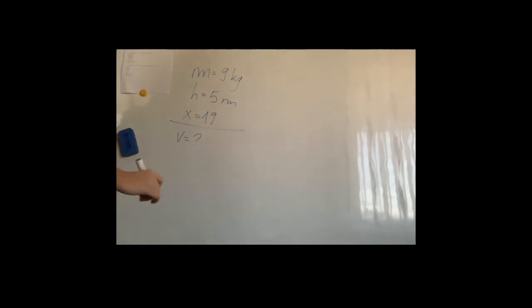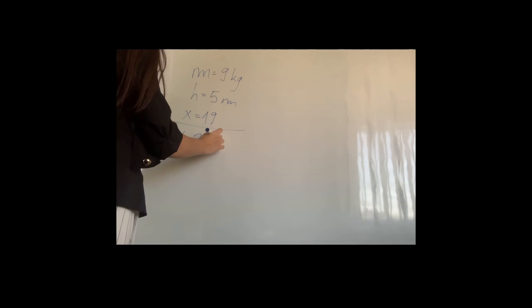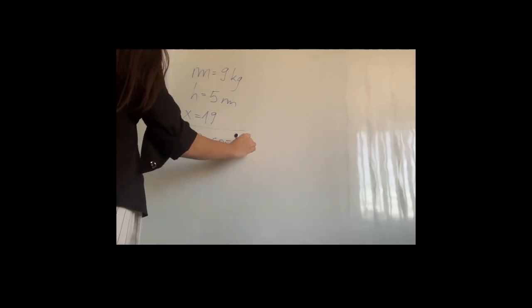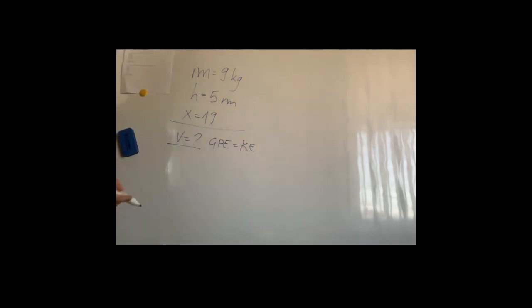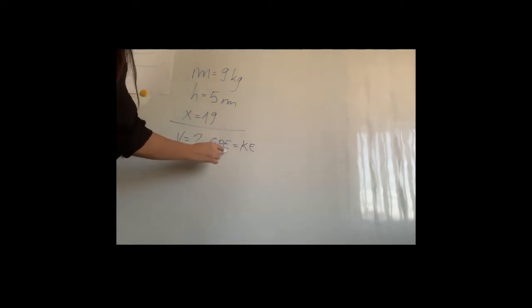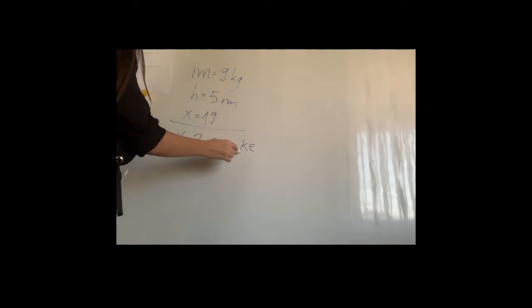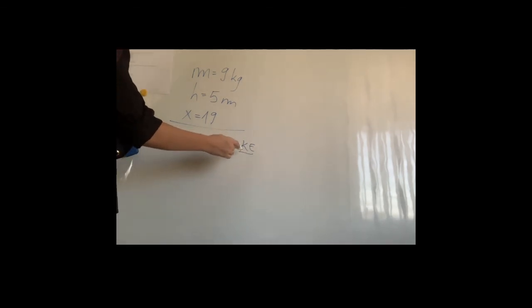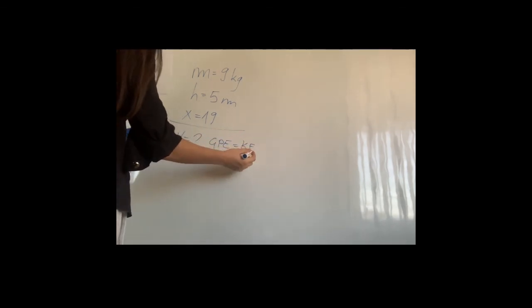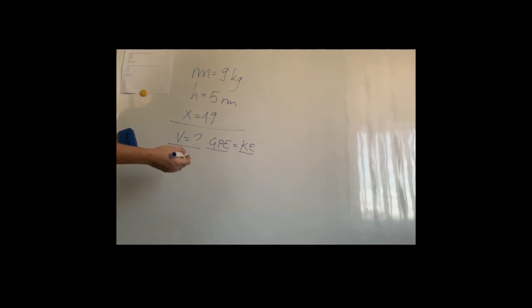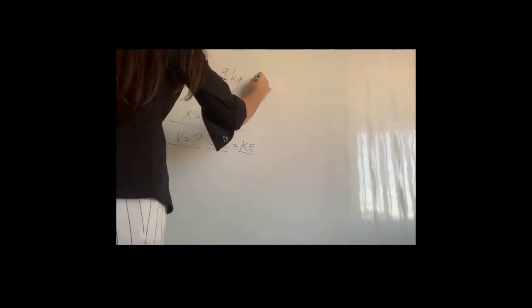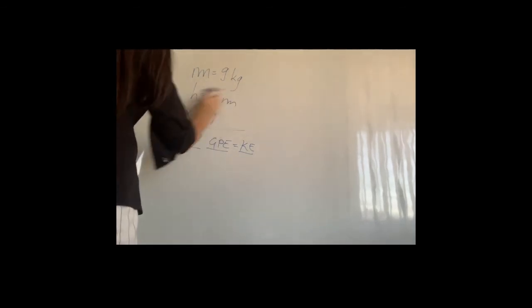So we need to find the speed. How are we going to do that? Well, we know that gravitational potential energy is equal to kinetic energy. So we can first calculate gravitational potential energy in order to get kinetic energy, and then we can derive v from the formula of kinetic energy, which I'm going to write here.